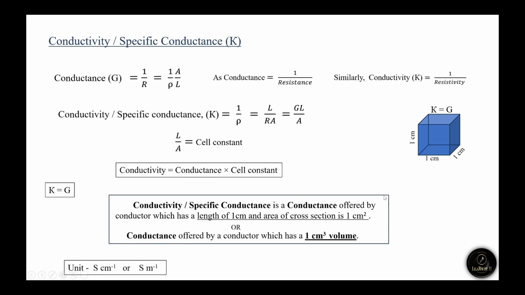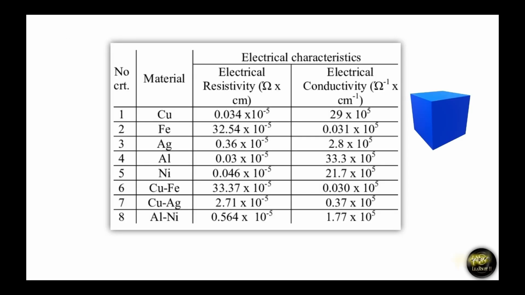As we know, the unit of conductance is Siemens. That's why the unit of conductivity is Siemens per centimeter. The application of specific conductance or specific resistance can be understood by analyzing this chart. Here we have taken many materials like copper, iron, silver, aluminum, with dimension 1 cubic centimeter, and we have measured the electrical resistivity of the different materials.